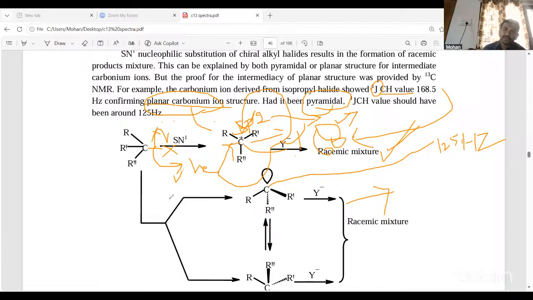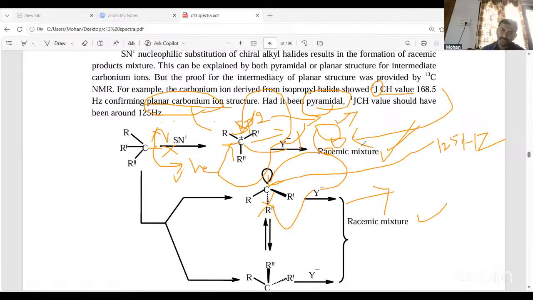And if it is in the pyramidal structure, then the nucleophile can be attacked from the front side only. No backside attack takes place here because of the hindrance of this R group here. So only the front side attack takes place. Then you will get the retention of configuration.